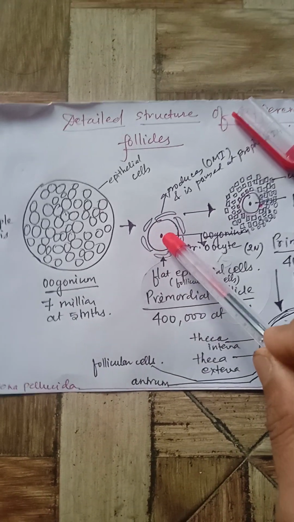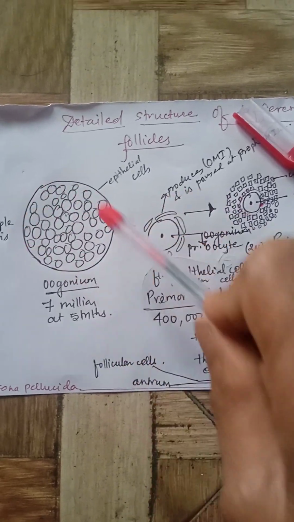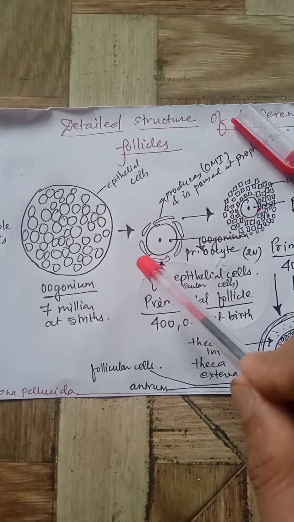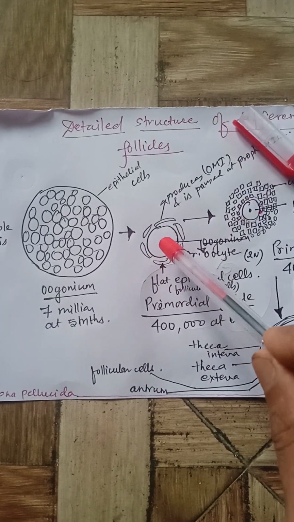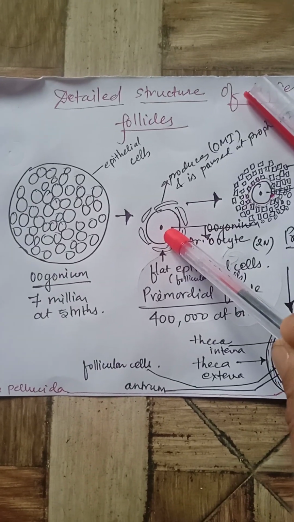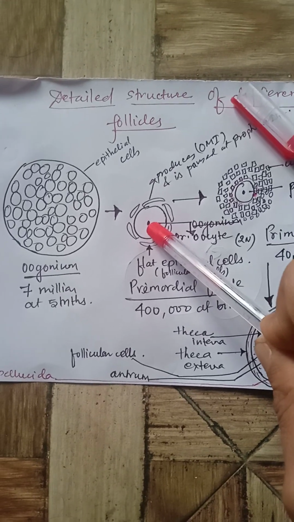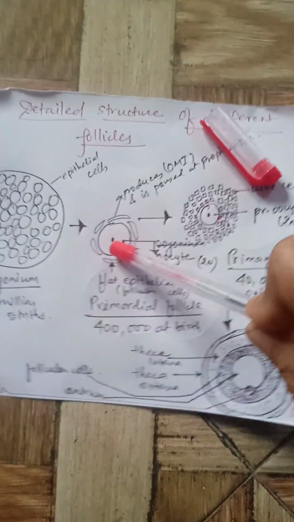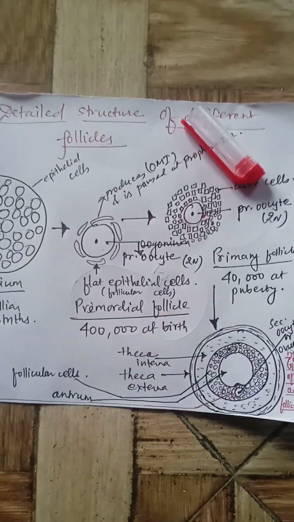So this is the primary oocyte, and each of these, when surrounded by flat epithelial cells, will now be called a primordial follicle. Inside the primordial follicle there will be the primary oocyte, which is 400,000 in number at birth.